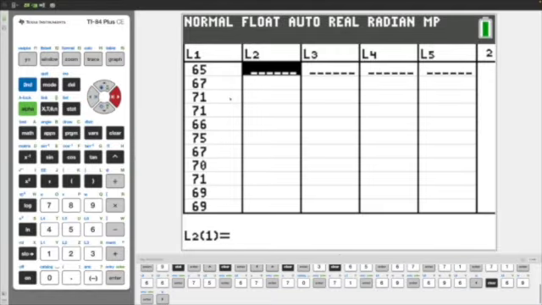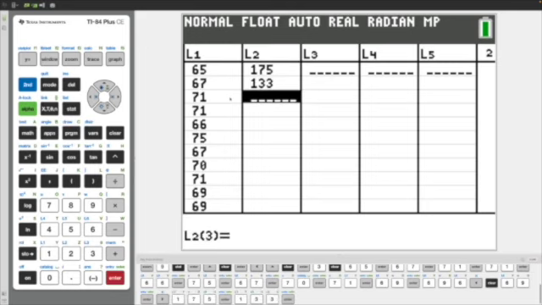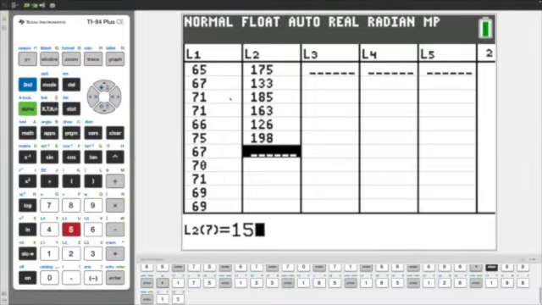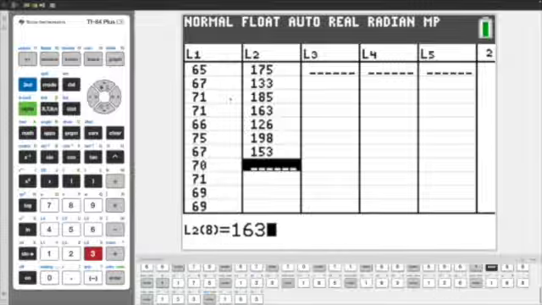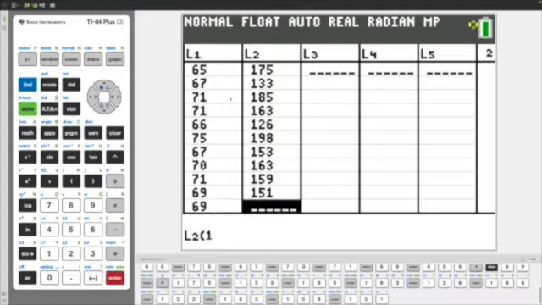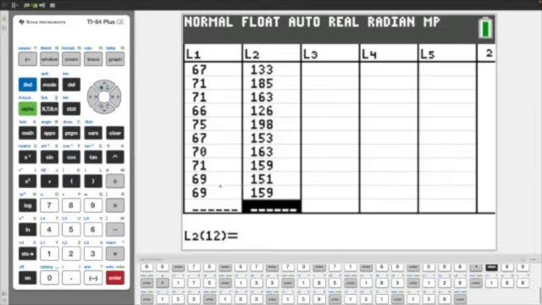So it is worth the time to double check all of your numbers. Another great way to just check that you're on the right path is make sure you have the same number of elements in L1 and L2.